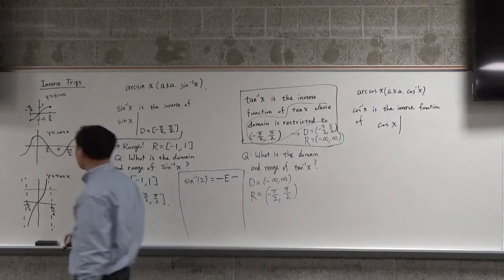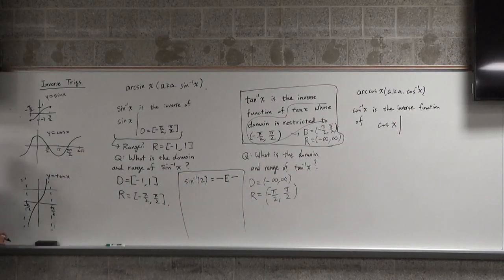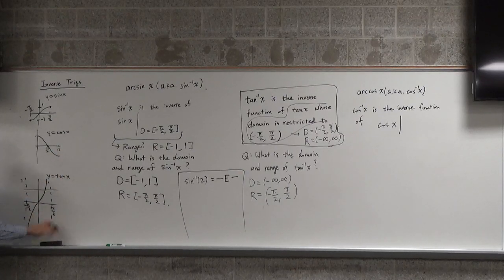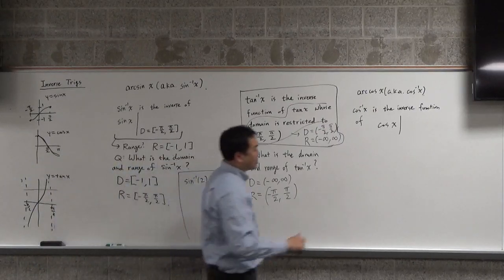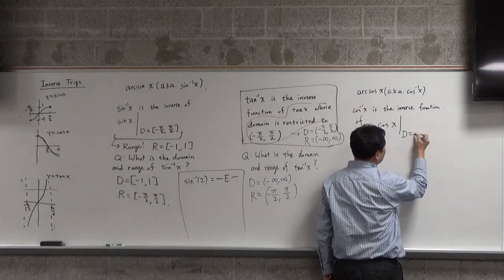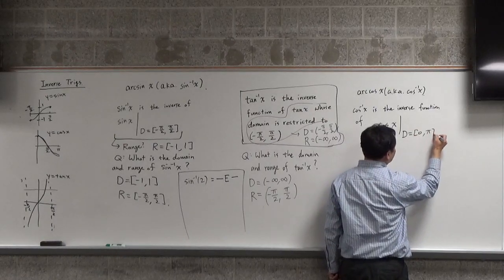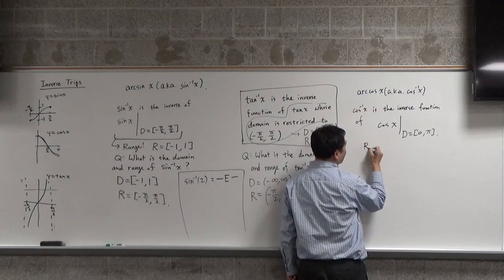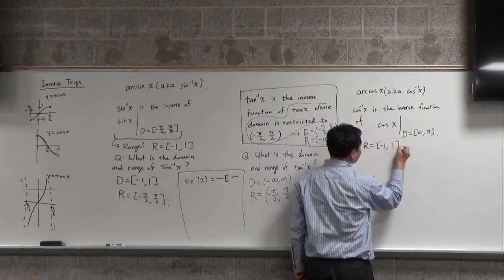Okay, so let's look at the cosine. Where should I restrict this? 0 to pi, exactly. If you restrict from 0 to pi, then this much will pass the horizontal line test, so everything will be fine. So this domain will be 0 to pi, and therefore the range would still be negative 1 and 1.